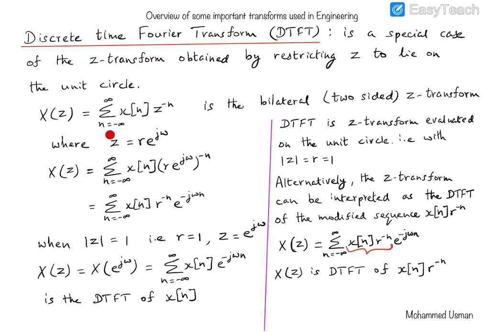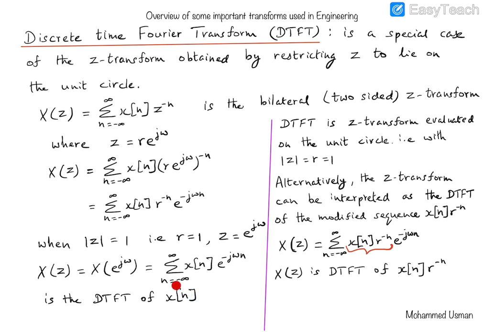So the general form of the Z transform is given by this expression, where Z is equal to R e power j omega. Now when we force this R value to be equal to 1, we get the expression for X of z as X of e power j omega, because R is equal to 1 now, and that will become this summation x of n e power minus j omega n, which is nothing but the expression for the DTFT, the discrete time Fourier transform of the sequence x of n.